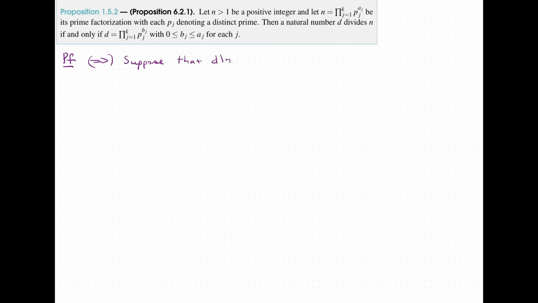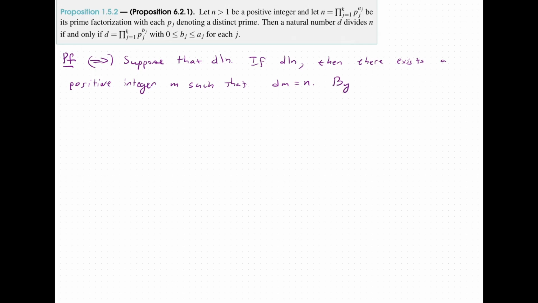If d divides n, then by definition there exists some integer, say m, and since n is positive and d is positive, there exists a positive integer m such that d times m is equal to n. And now we're going to consider the prime factorizations of both d and m.